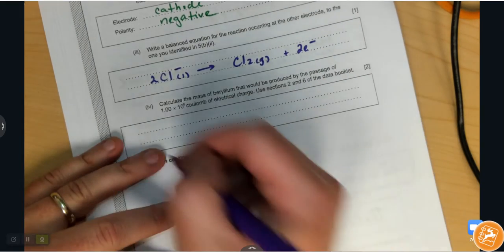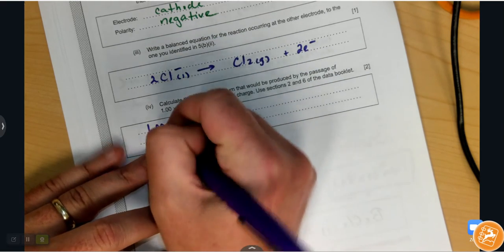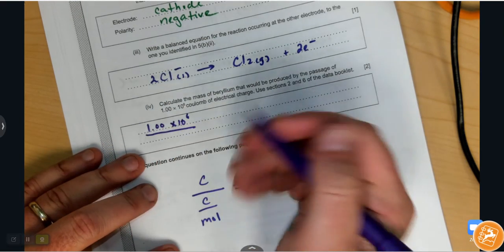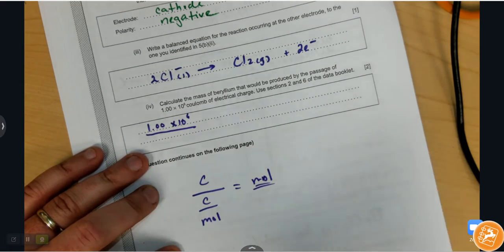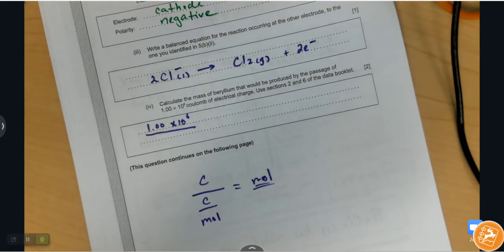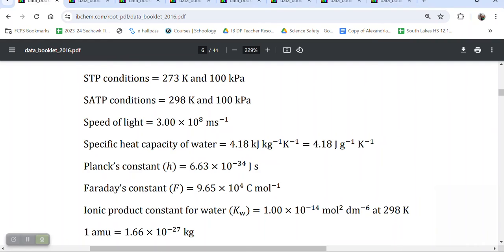All right, so we have 1.00 times 10 to the 6 coulombs. Faraday's constant tells us that there are, what is it, 9.65 times 10 to the 4th? Let me just look at the cheat sheet, because that 4 looks like a 9. 9.65 times 10 to the 4th.